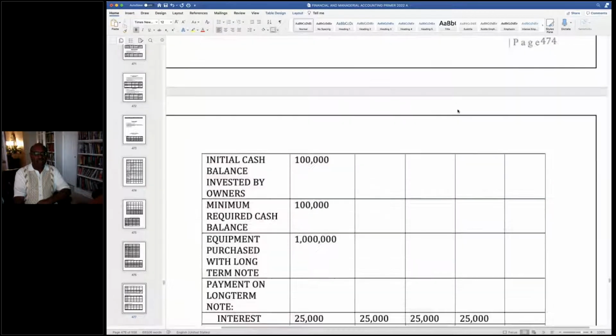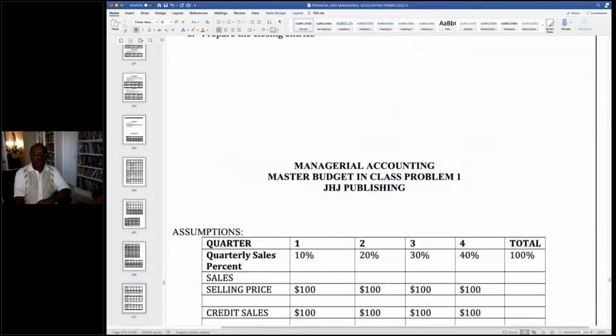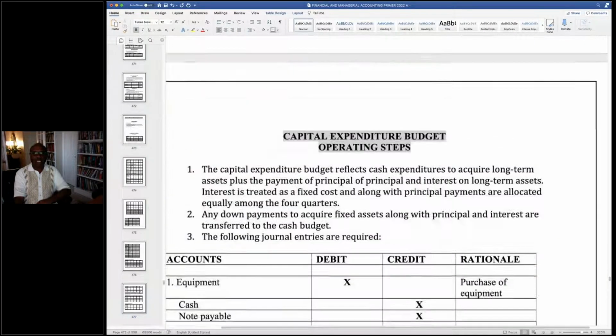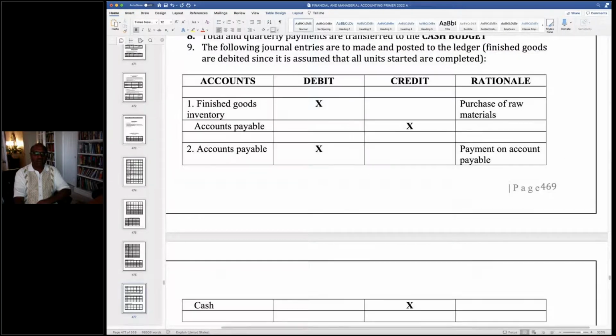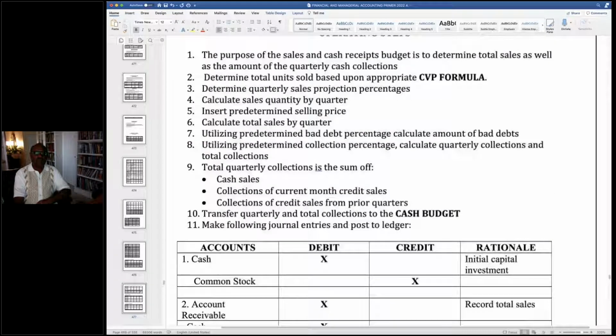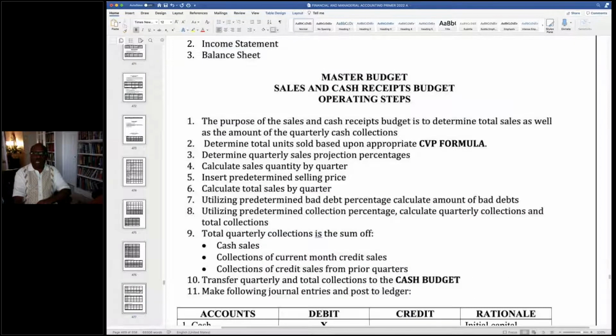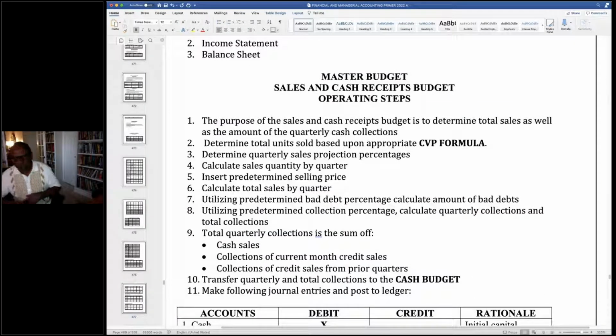Okay, so let's go back up. Look at what we did. We did the sales budget, and the purpose of that sales budget is to determine the total sales as well as the amount of the quarterly collections. First thing we did, we determined the total units based on that CVP formula.